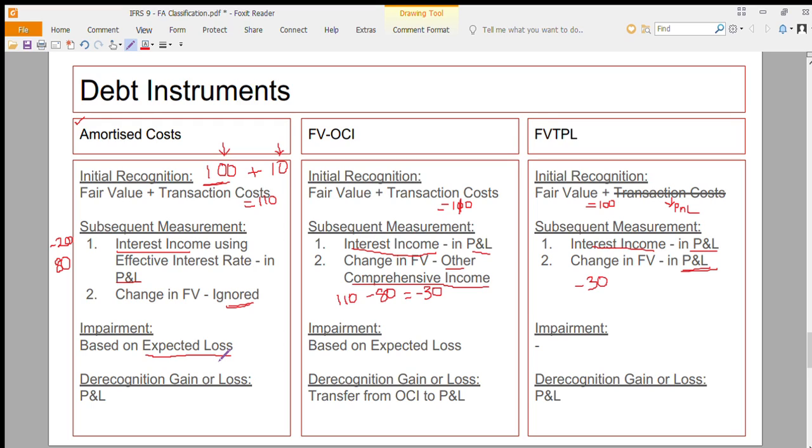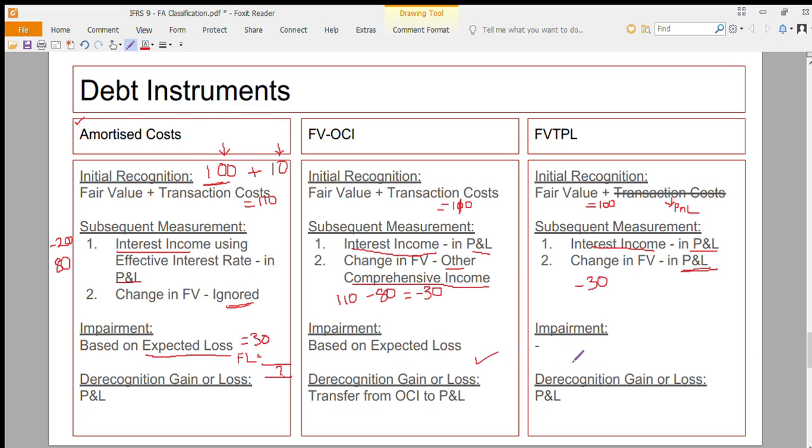It does not only reflect the reduction in value as of today. In this case, it will not just look at $80 minus 110, which is typically $30, but it will also look at the future loss of this asset and then add that component, and the total will be the impairment number here. It is the same as amortized cost for fair value through other comprehensive income.